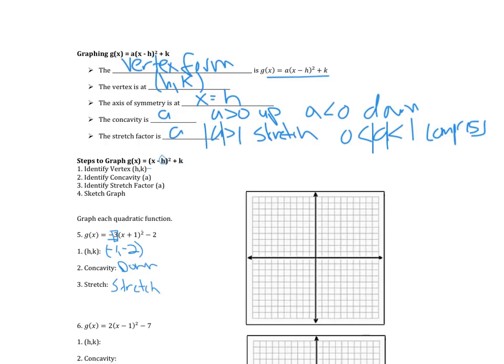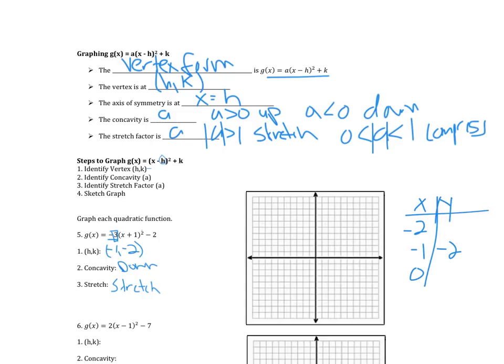All right, so to plot this, pick a couple points. So we have our x-y table, and I want to pick negative 1. We already know that's negative 2, and then I want to pick 1 point on each side of it. So I'll pick negative 2 and 0.